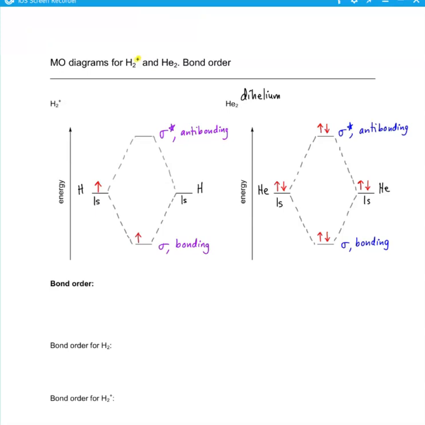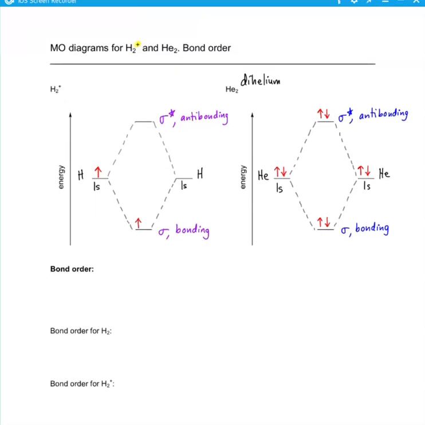Now, one of the things that molecular orbital theory can provide us is an understanding of what's called the bond order. So the bond order is a simple calculation that we can do, and it goes as follows.